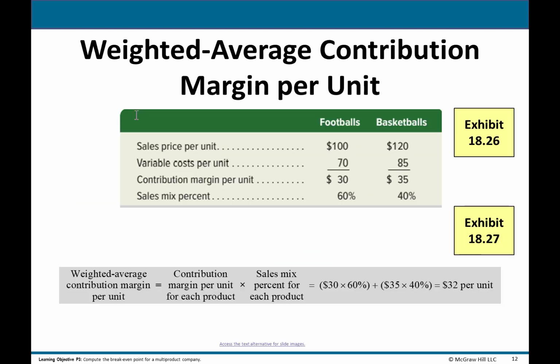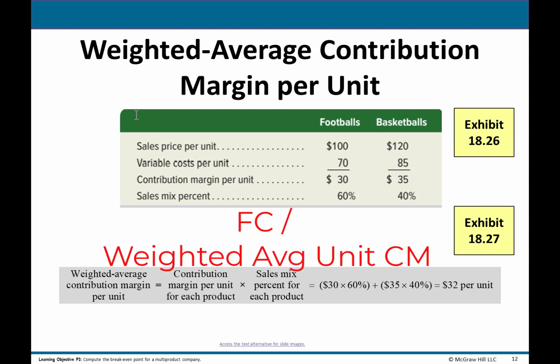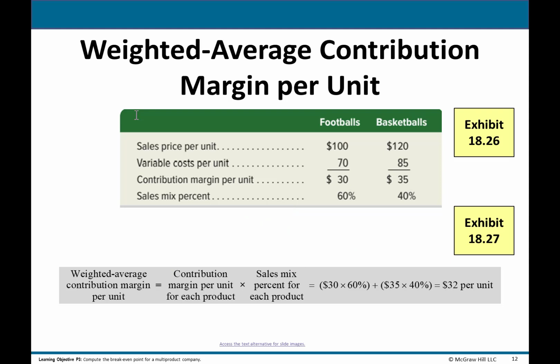The same break-even formula where we take fixed costs in the numerator and the unit contribution margin in the denominator will be tweaked to include the contribution margin multiplied by the sales mix percentage. In this case, with the footballs and basketballs, the weighted average ratio that we sell these things in is 60% footballs and 40% basketballs.